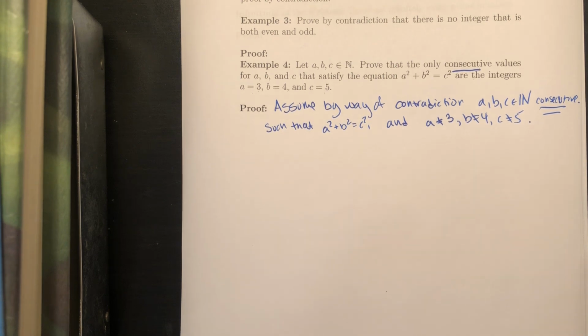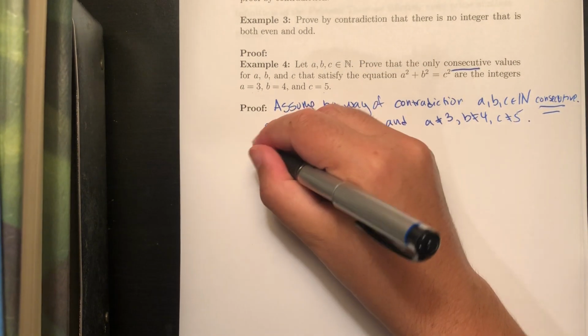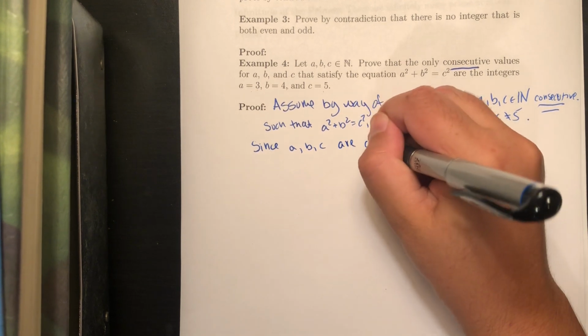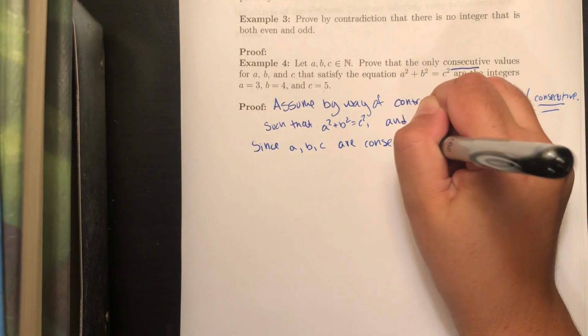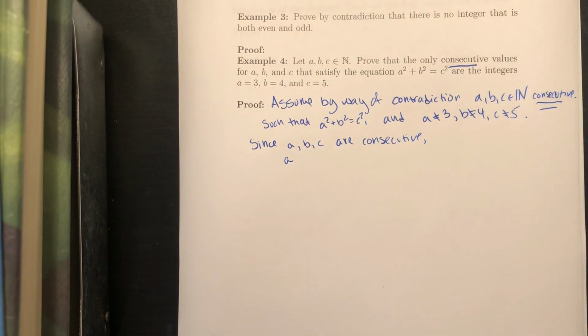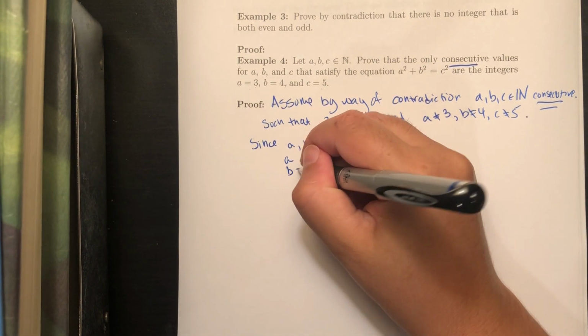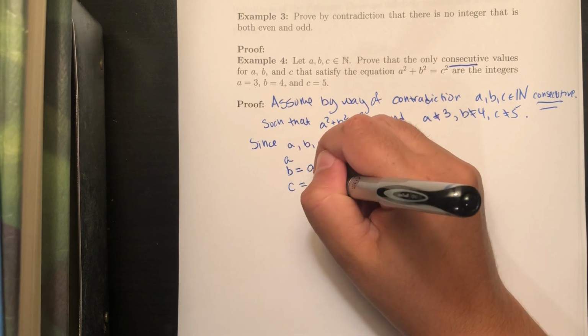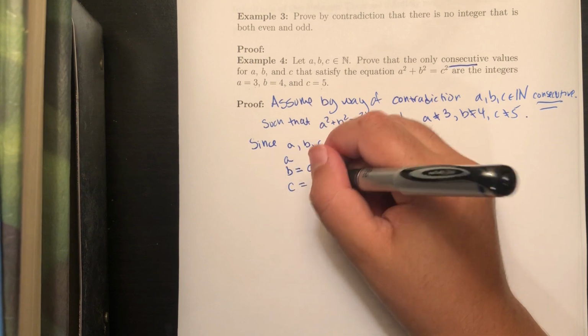All right, so we're going to try to find some kind of a contradiction here. Now, we're going to need to use the fact that these numbers are consecutive. So since a, b, and c are consecutive, that means we have some number a, we'll assume a is the smallest. We have that b is going to have to be 1 more than a, and that c is going to have to be 1 more than b, or 2 more than a.